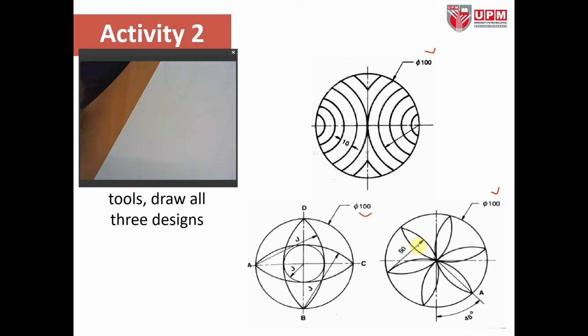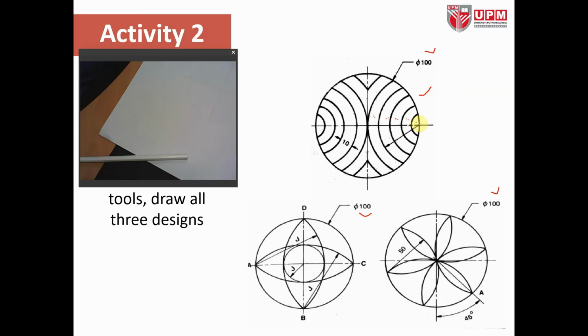Okay, so we are going to try to draw the first circle here. You can see here the distance between each semicircle is 10. If we refer back that the radius is 50, that means we divide this into 1, 2, 3, 4, 5, so 50 divided by 5, that means all of this is 10 mm.